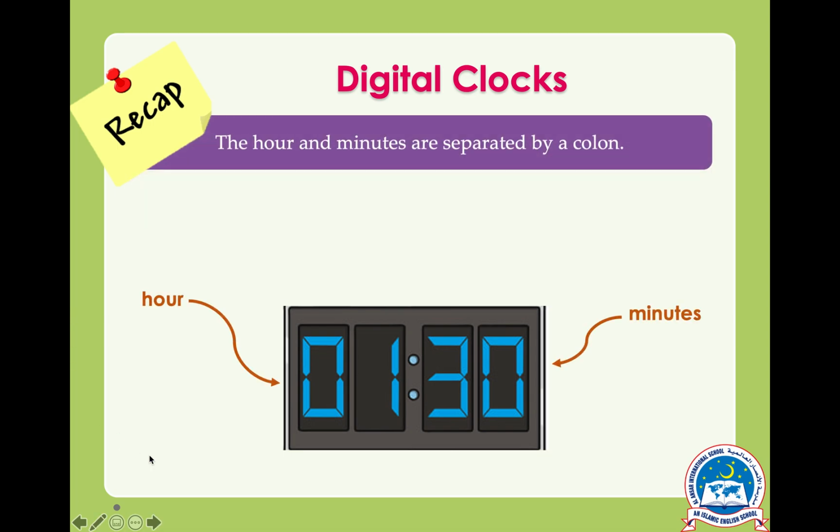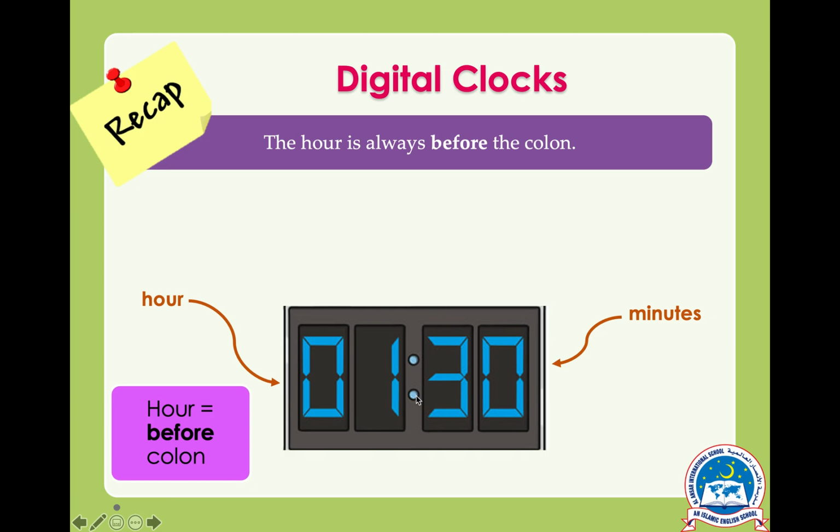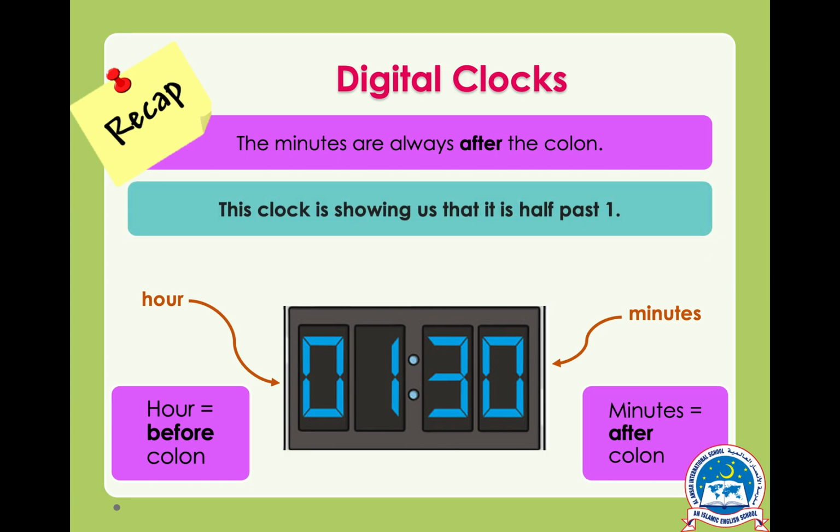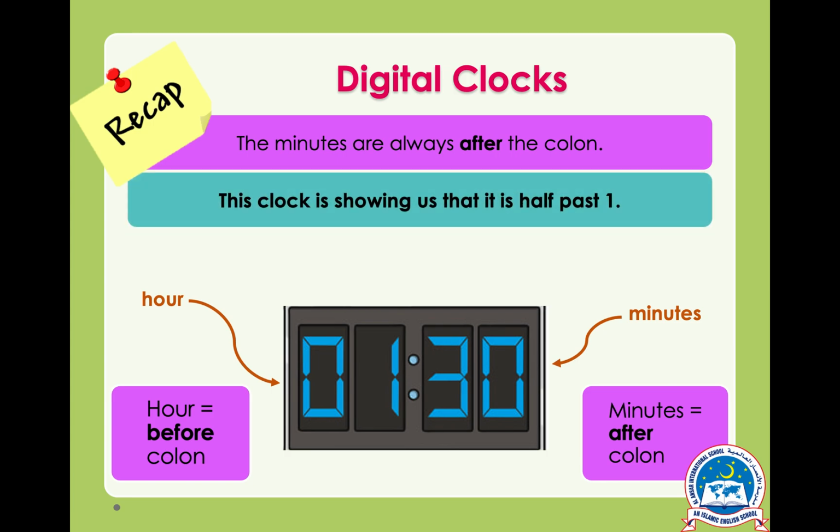The hours and the minutes are separated by a colon, which is 2 dots over here. The hour is always before the colon and the minutes are always after the colon. So this clock is showing us that it is half past 1.